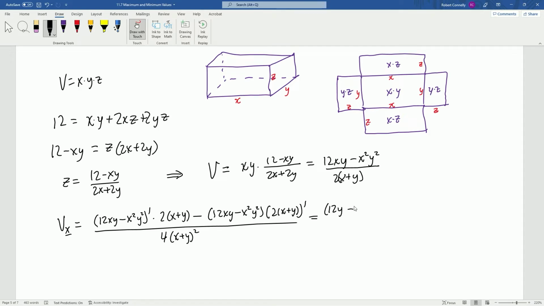So this is going to give me 12y minus 2xy squared times 2x plus 2y minus 12xy minus x squared y squared times, well, the derivative of this with respect to x is just going to be 2.